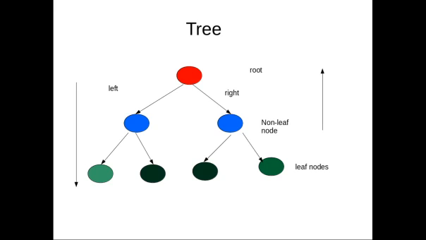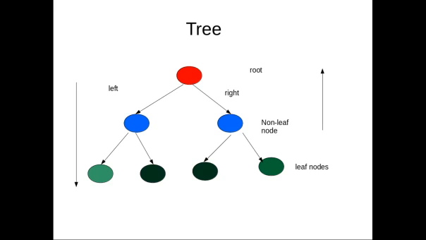On the other hand, non-leaf nodes, here the blue nodes, have a left child and a right child. Now coming to the root node.